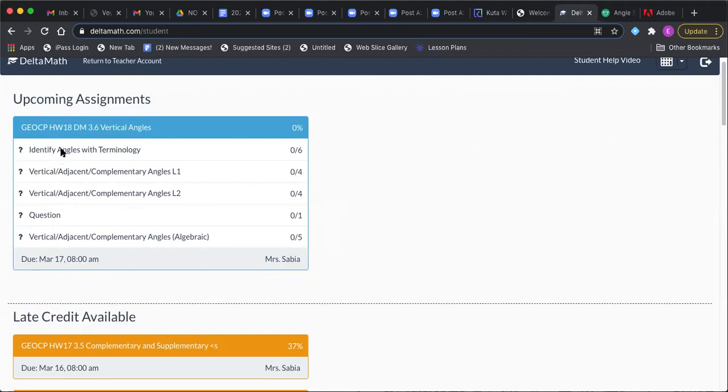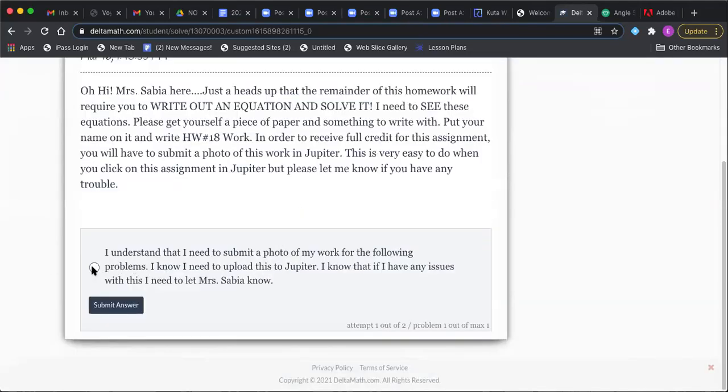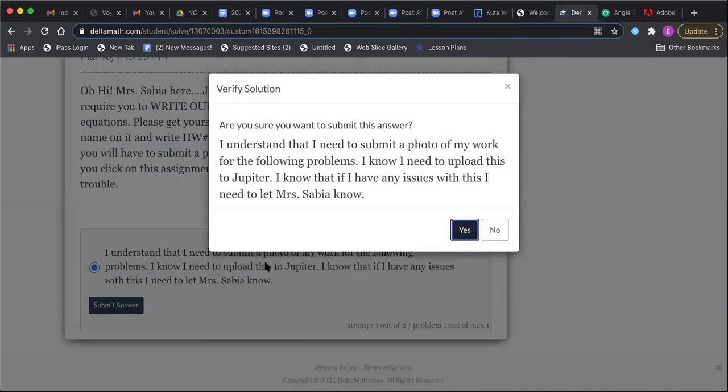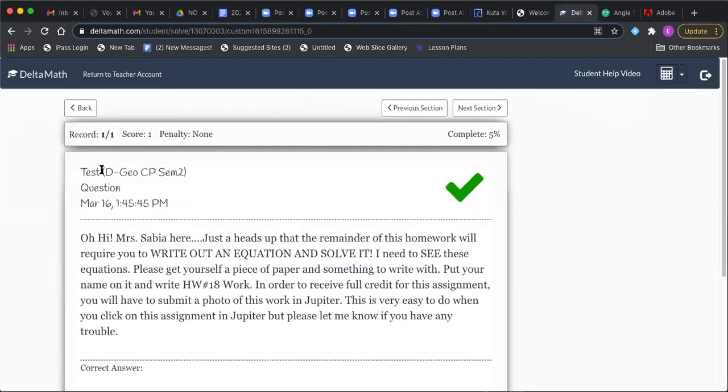So for these top 3 things, I don't need to see work because it's just numbers. But, by the way, this question, the one where it's just me saying, hey, from here on out, you need to submit your answers: if you don't do anything else on this homework, you should click this and hit submit because that counts as a right question. So it'll actually boost your grade if you click it and submit it. So hint, hint. There's some easy points right there.